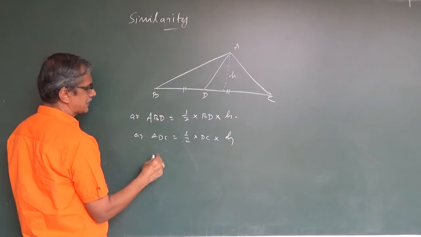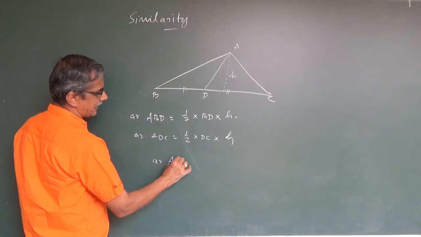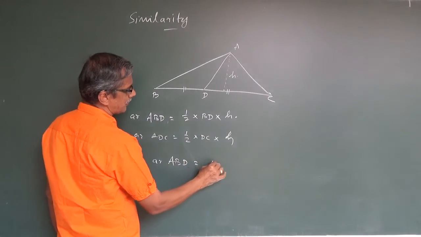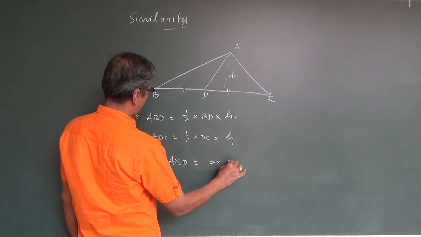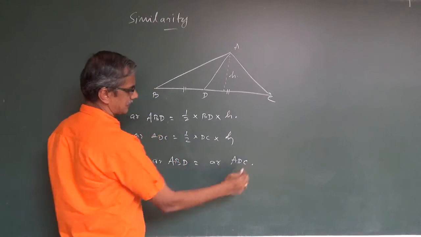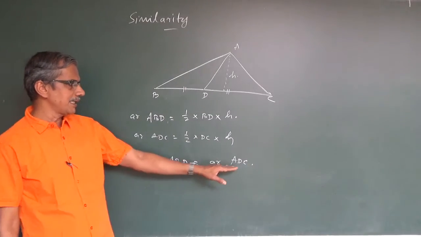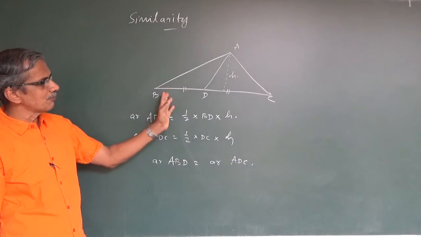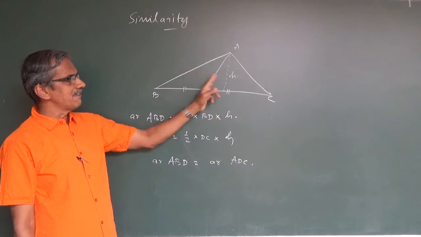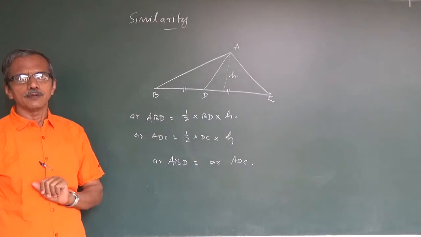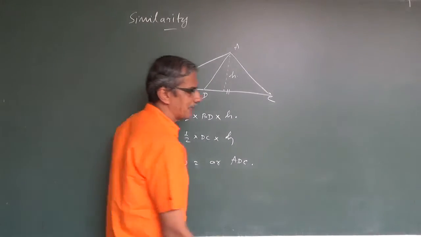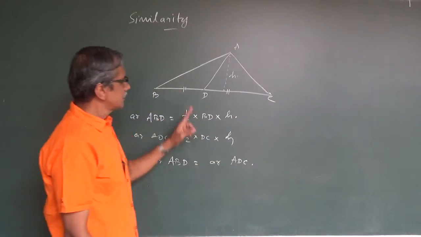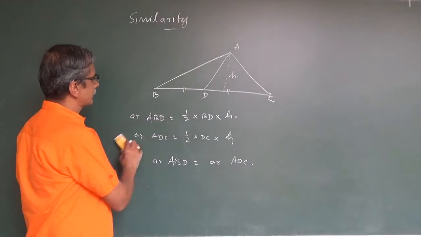Therefore both the areas are equal. Therefore area ABD is equal to area ADC. So what is the conclusion? Median divides the triangle into two triangles of equal area. That is the conclusion. So these two areas will be equal.